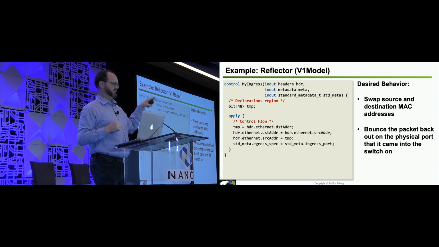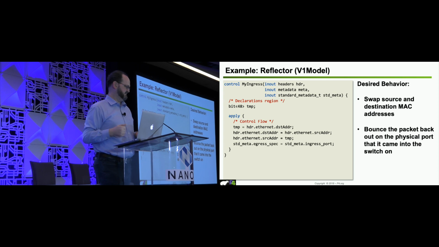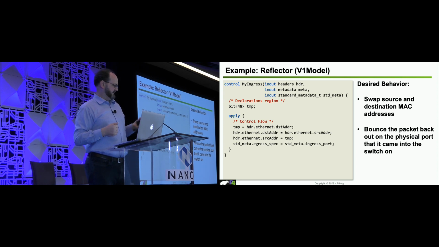So assuming that we've had the parser we saw earlier where we parse the Ethernet header, you can pretty much assume if you get an 8-byte packet, you're probably going to drop it, but let's assume we always have a 14-byte header that came in. It will be in this header.ethernet header. We're going to create a temporary variable, bit48 temp, to hold a copy of the destination address from the Ethernet header.